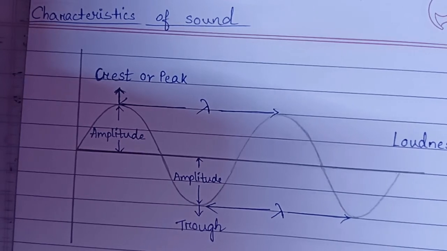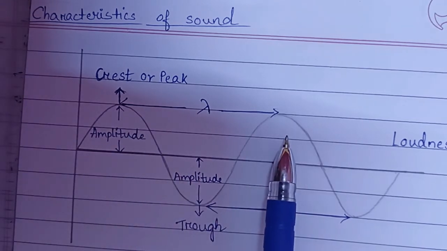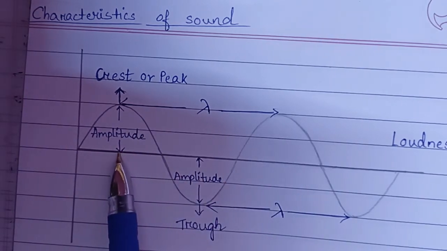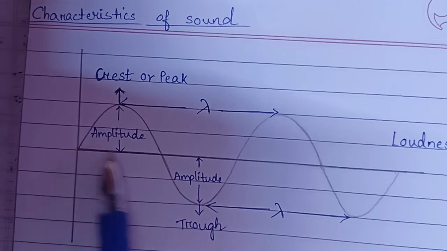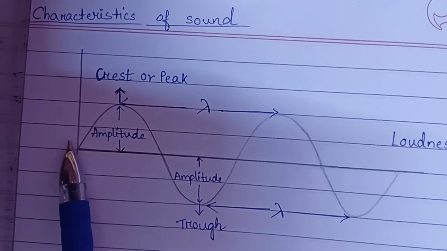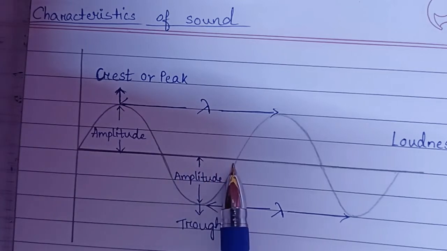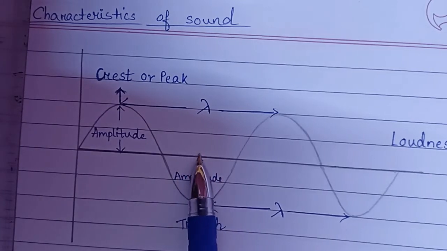When you represent a wave like this, the mean position will be this middle point. Between this point and this point, the middlemost is the mean position of the wave. Similarly, between this point and this point, the middle point is the mean position.